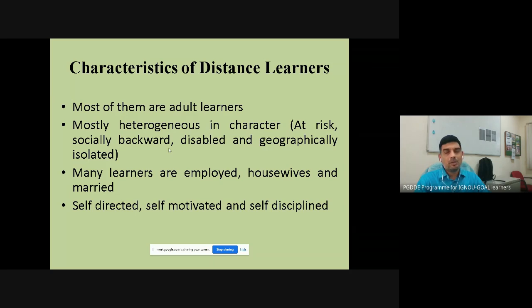And even after the completion of the program, they may need certain services from the institution, for example, for placement or other opportunities, or they may like to do some higher educational programs or research programs in the future. The institutions should be in a position to even provide career counseling or career guidance to the learners. Okay, these are mainly some of the variety of characteristics that we are referring to for our own learners.